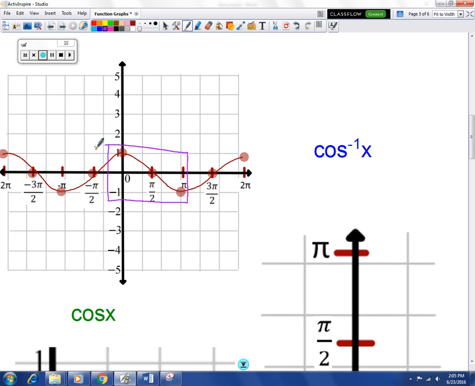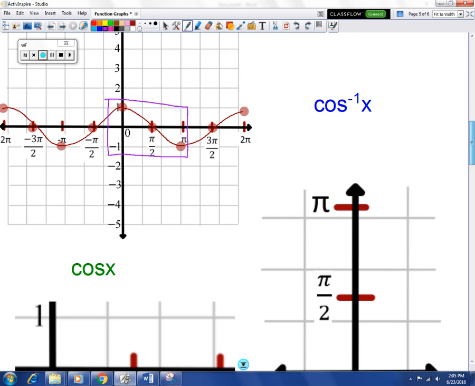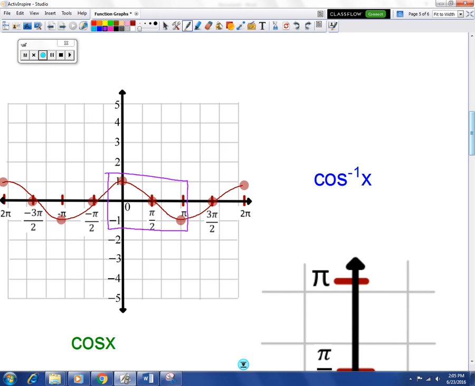So the domain is going to be restricted from 0 to pi this time. For inverse cosine, the domain is restricted not from negative pi over 2 to positive pi over 2, but from 0 to pi.